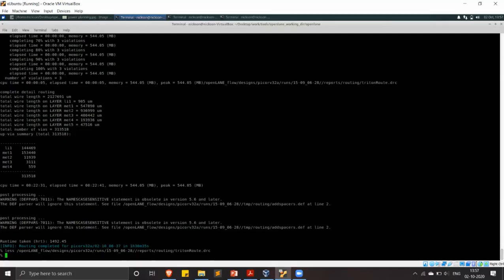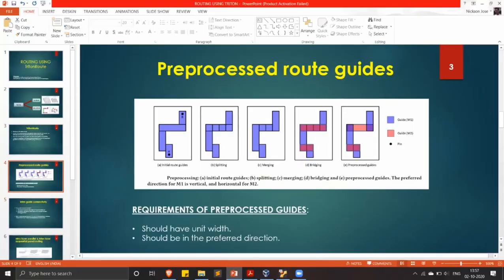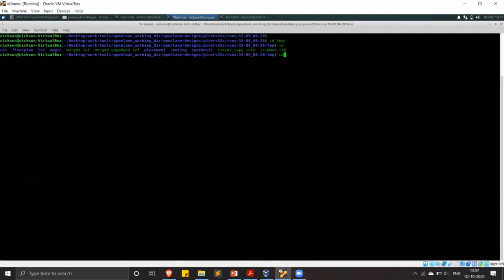So we will do one thing. I will just show you what I had explained a few minutes ago. First, I will show you the first thing which I have shown you. What are the pre-processed route guides? So in this terminal, I go to temp, cd temp, and then routing.